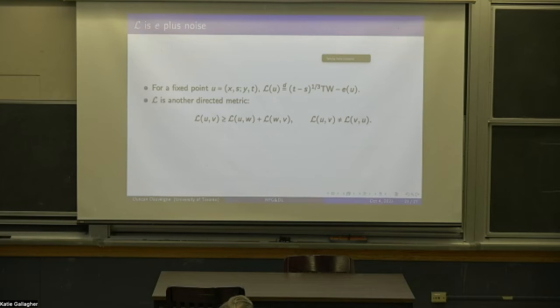Just like E is a directed metric because it satisfies a triangle inequality, L does the same thing. L also satisfies a triangle inequality, and it also has this asymmetry.